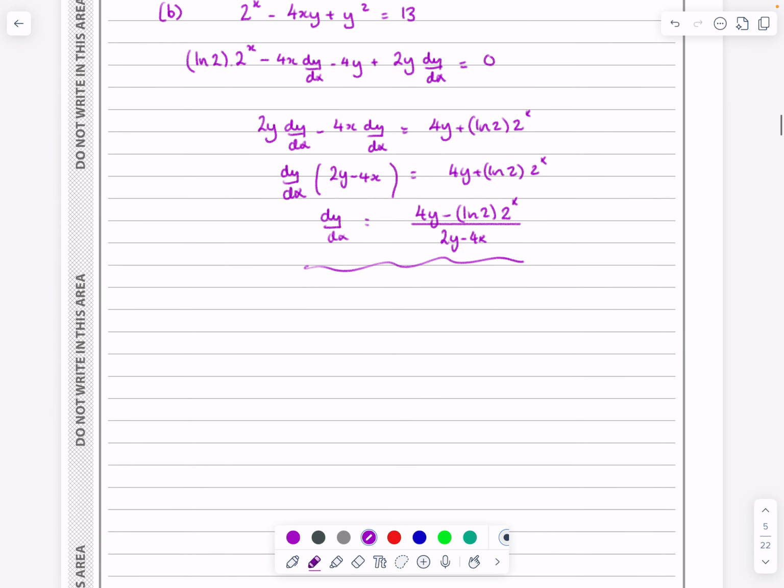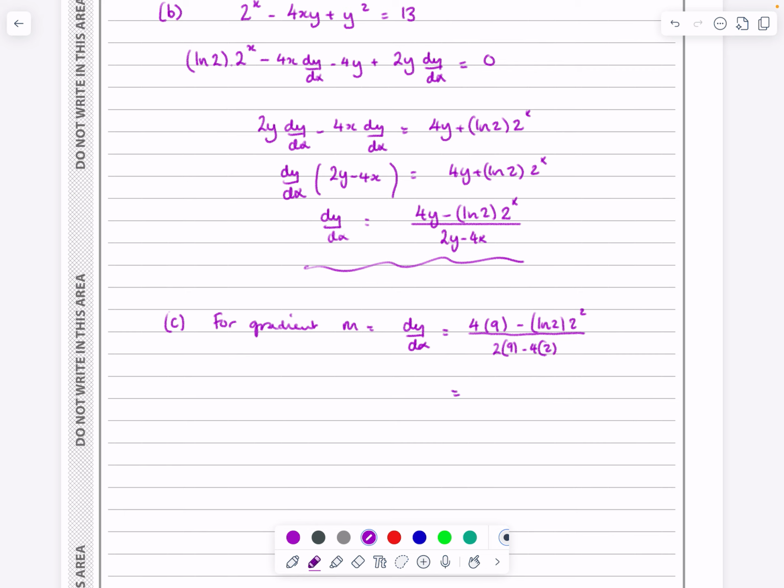Okay, so part C. For the gradient, m is going to be equal to dy by dx, but at the point x equals 2 and y equals 9, because I've got a function that's in terms of y's and x's. So 4 lots of 9, because that's the y value, minus log 2 times 2 squared, because that's the x value, all over 2 lots of 9 minus 4 lots of 2.